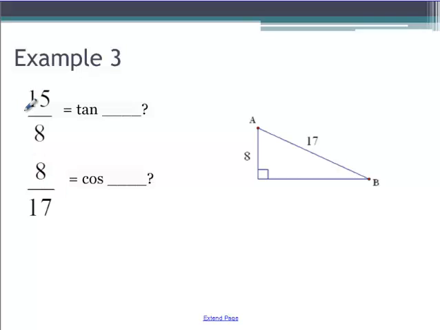So now I need to go backwards and find which angle has a ratio of 15/8 and which one has a ratio of 8/17. The third side here, 8, 15, 17, because that's a triple. So when I look at SOHCAHTOA, tangent is opposite over adjacent. So where is 15 the opposite side? Well, you have to go across the shape.